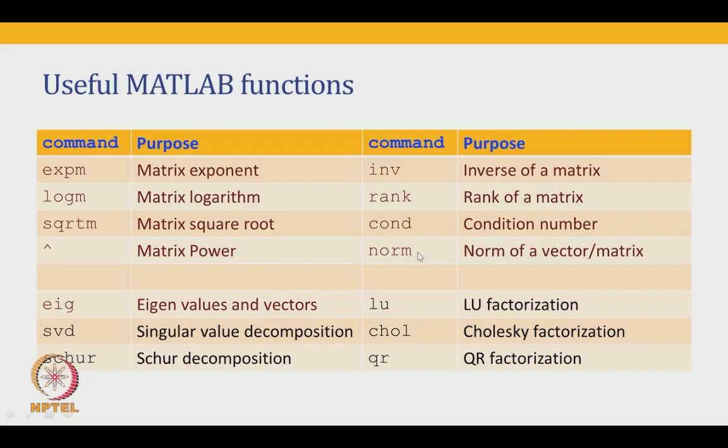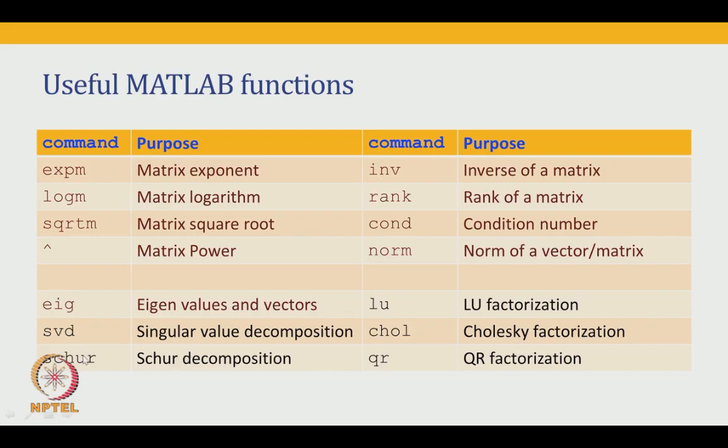We will also in a minute use the command norm to find the norm of a vector or a matrix. We will just stick to vectors for now, but a norm exists for a matrix as well. Okay. We also used EIG to find eigenvalues and eigenvectors, LU, Cholesky, QR factorization, SVD, Schur decomposition.